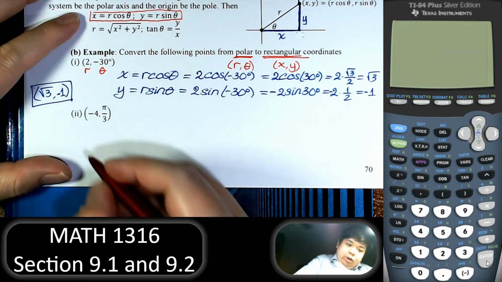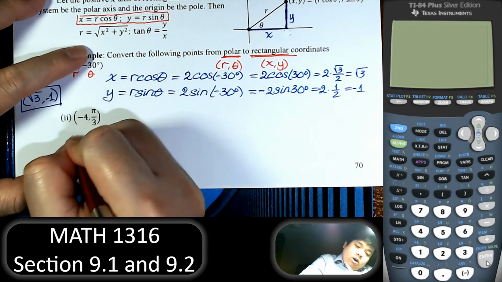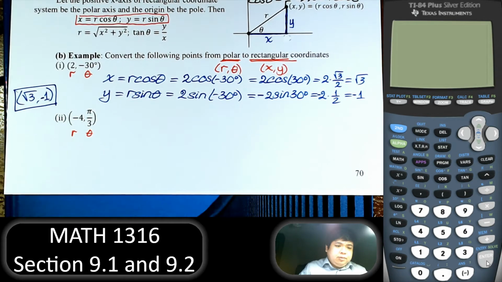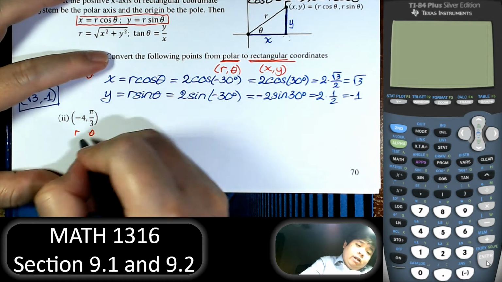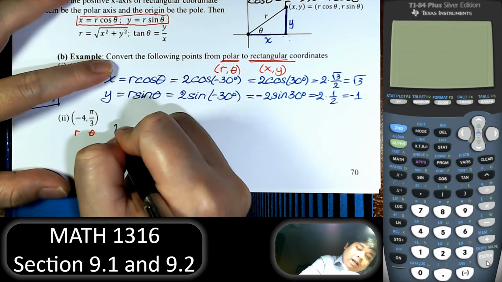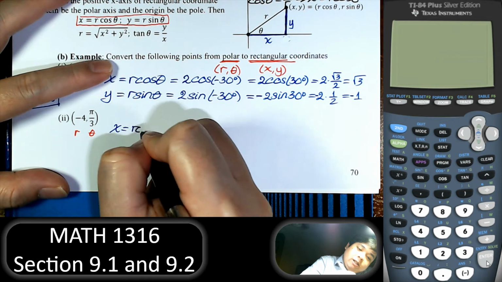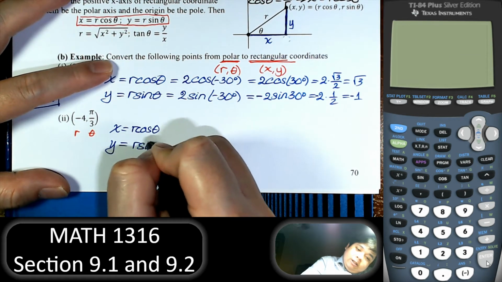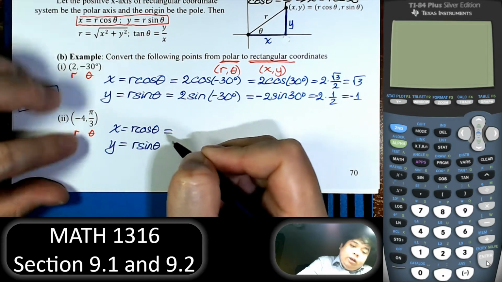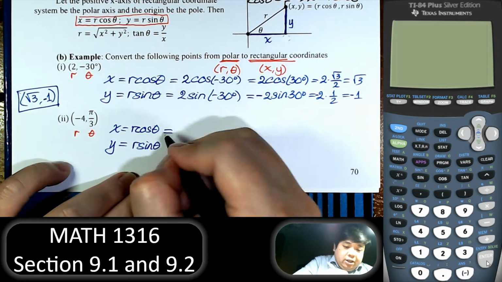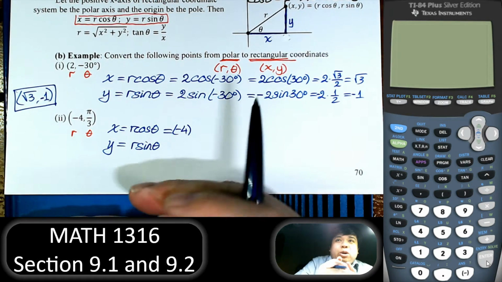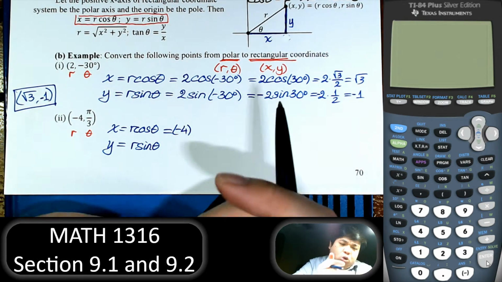Next, we have r is negative 4 and theta is pi over 3. So same thing. If we have r and theta, x is r cosine theta, y is r sine theta. r is negative 4. By default we choose positive, but it could be negative too.